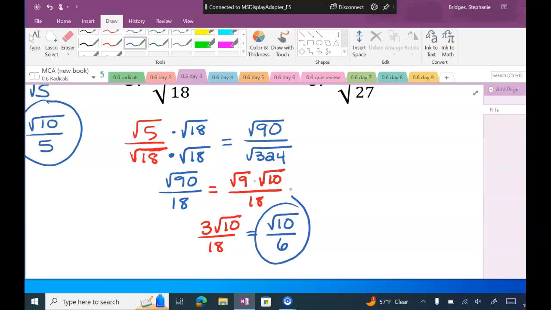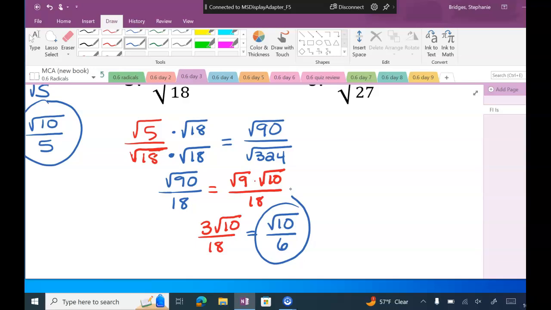And what they did was separate that into the square root of 9 times the square root of 2, which turned into the square root of 5 over 3 square roots of 2. Now, why does that help? Because what's the square root I need to get rid of now? What's under the square root in the bottom? A 2. So, instead of multiplying by 18, I can multiply by a much smaller number.